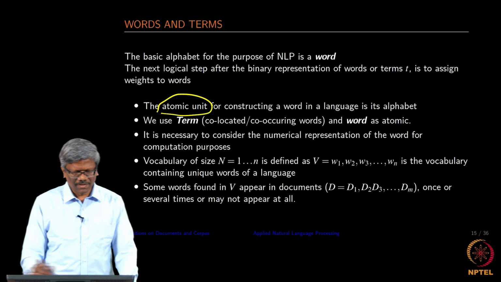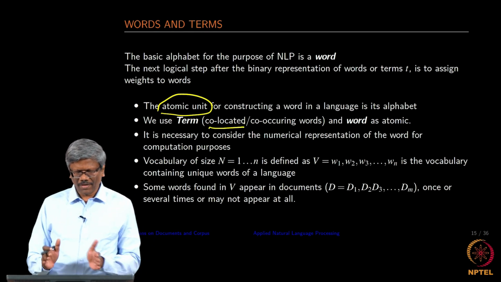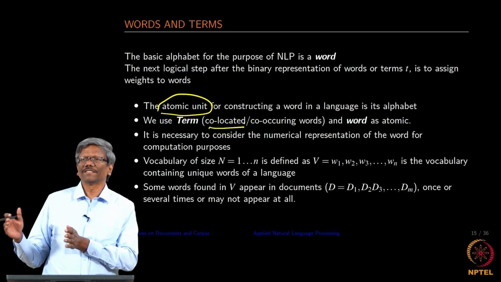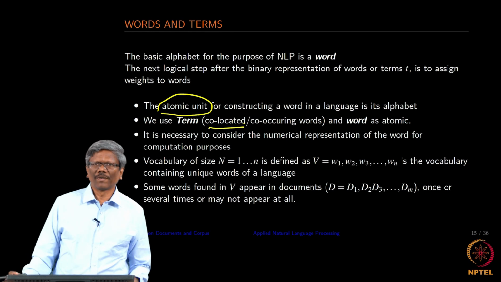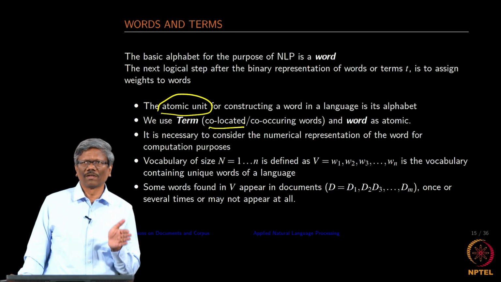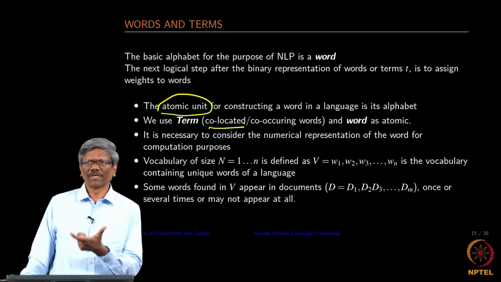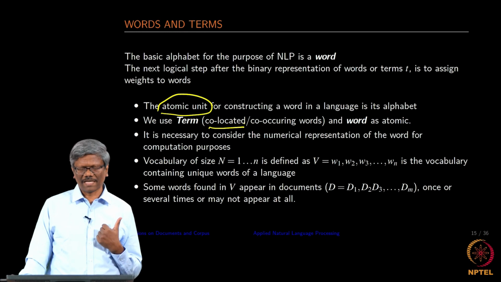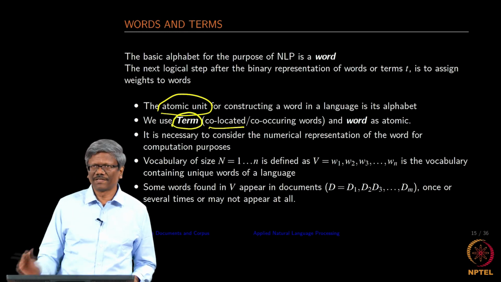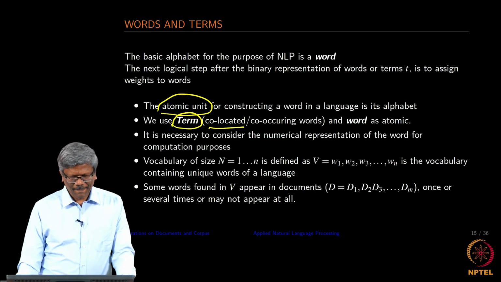As I mentioned earlier, co-located or co-occurring words can also be considered atomic. For example, I do not want to separate New Delhi into two different words; I want to call New Delhi one term. So, that is atomic for the purpose of natural language processing. That is why I am going to be using the word term in most situations.